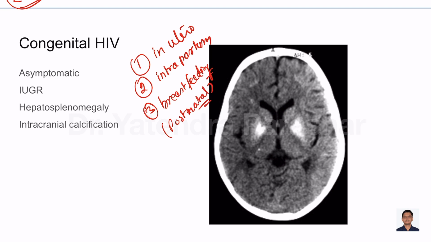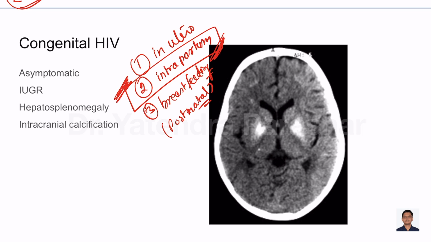If mother has higher viral load, then the risk of transmission increases. But the highest risk of transmission is during the intrapartum period or during the labor or delivery period.